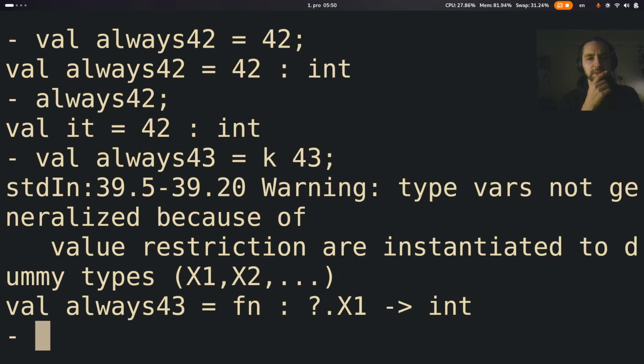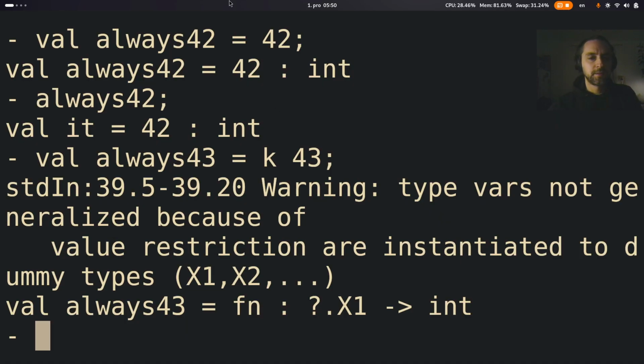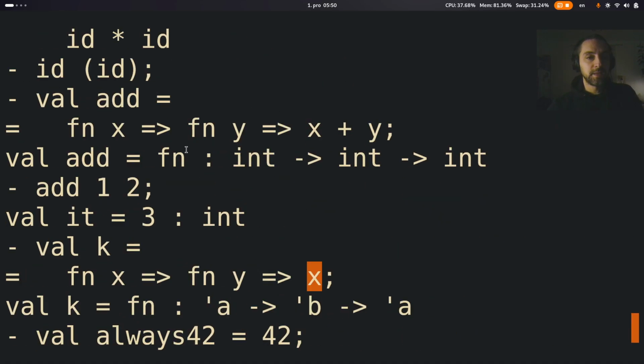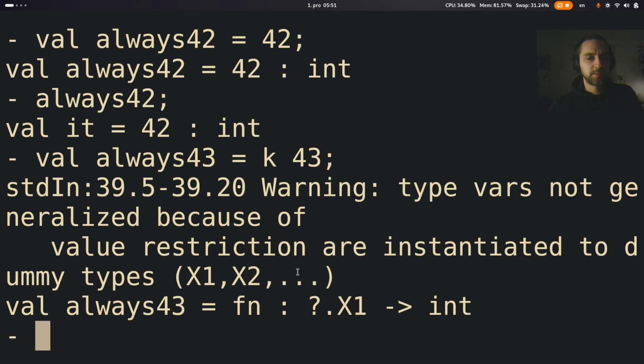What's happening? Value restrictions are instantiated to dummy types. Didn't I define k? I did. Fn val k, fn x, fn y, x. But maybe because I didn't provide it the second argument.